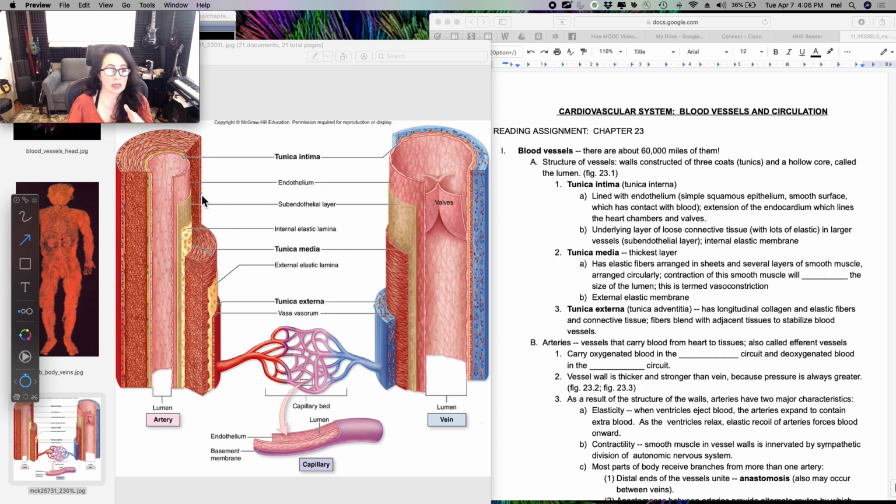But if you are in an artery versus a vein, you are going to have an extra layer of elastic. Do you see this? It's called the internal elastic lamina. Lamina means layer.